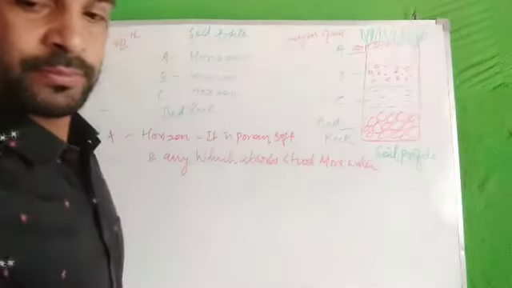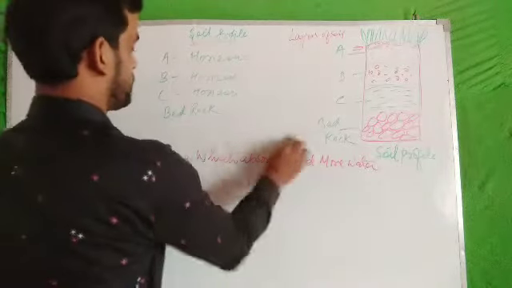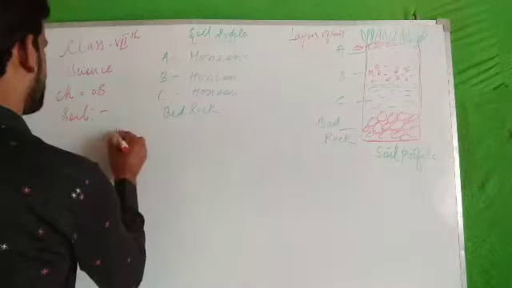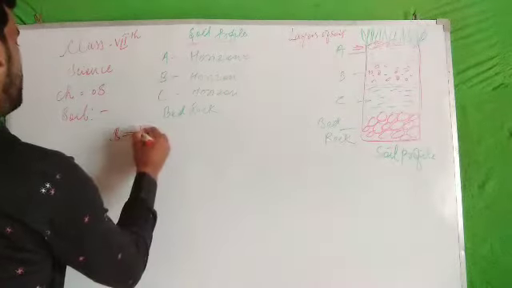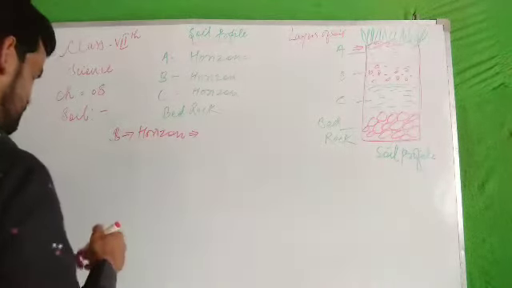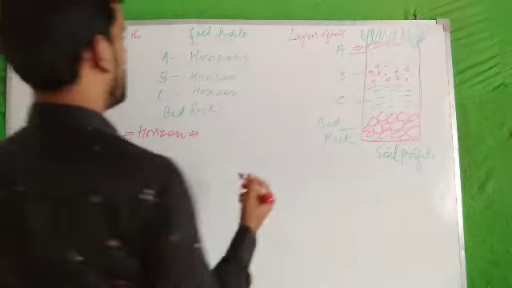Next one is horizon B, or B horizon. B horizon is harder than A horizon.